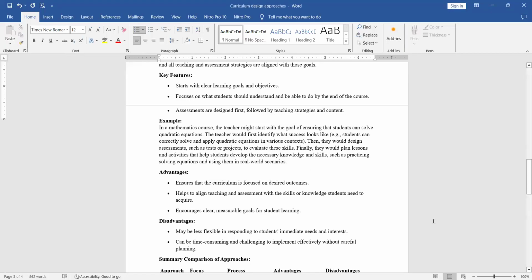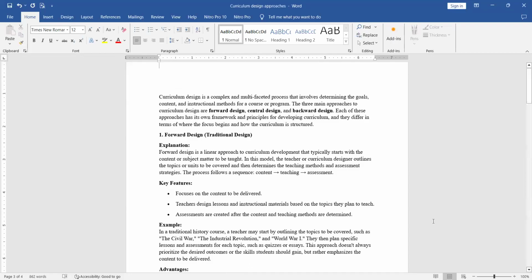I told you I will be doing a recap on the same today as the first part of the second session. The three main approaches to curriculum design: forward, central, and backward design.